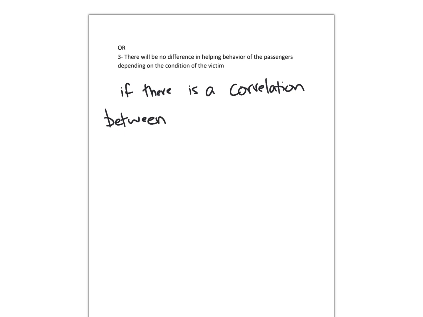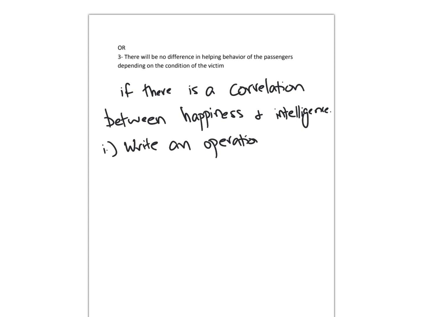Happiness and intelligence, right? Happiness and intelligence. And let's say part one is to write an operationalized directional or one-tailed hypothesis.